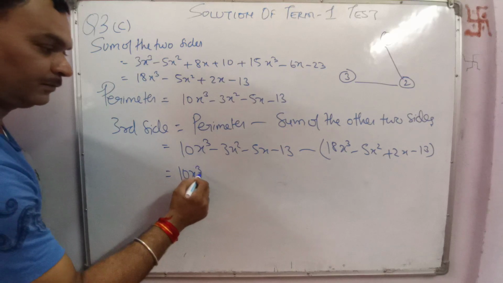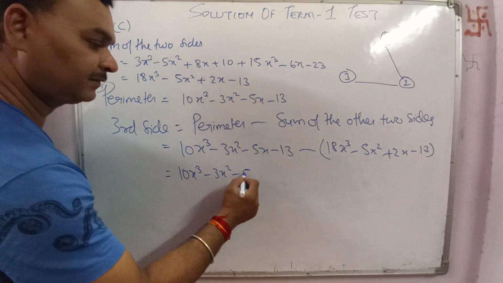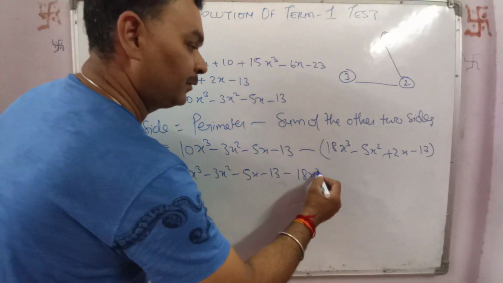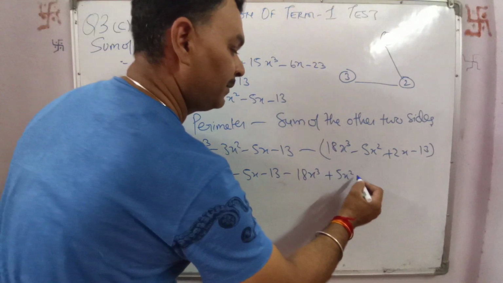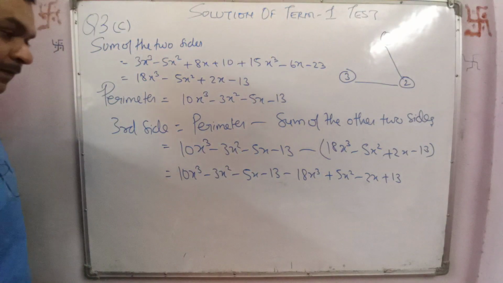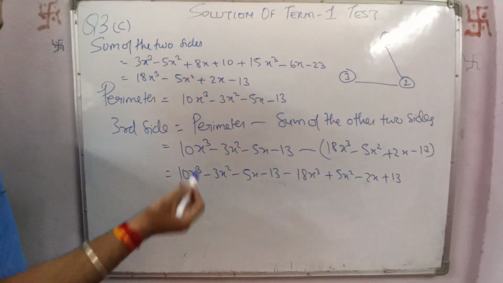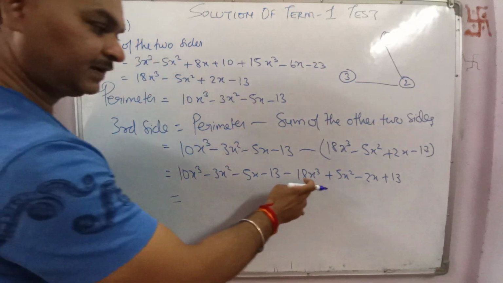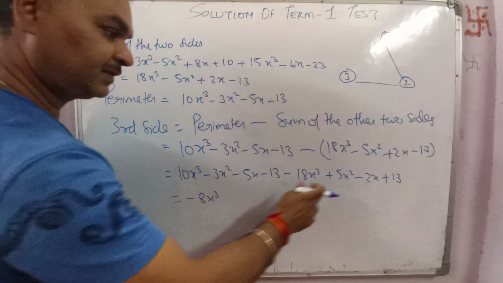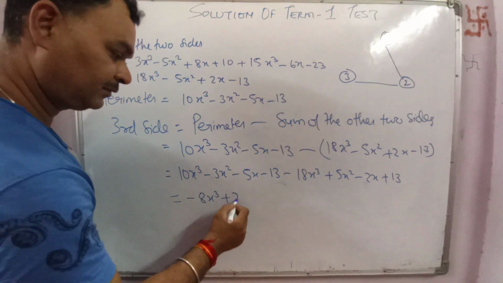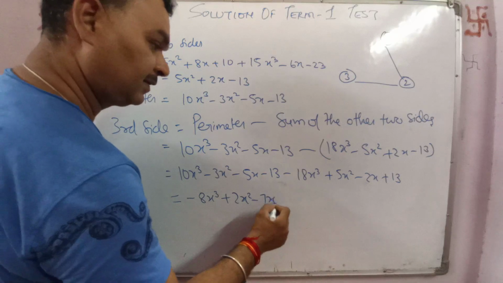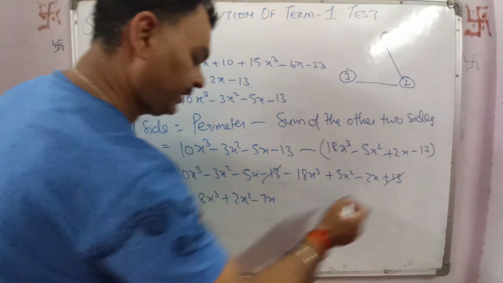So 10x cube minus 3x square minus 5x minus 13 minus 18x cube plus 5x square minus 2x plus 13. Now we'll simplify the like terms. 10x cube minus 18x cube will give you minus 8x cube, minus 3x square plus 5x square is plus 2x square, minus 5x minus 2x is minus 7x, minus 13 plus 13 will be cancelled out.